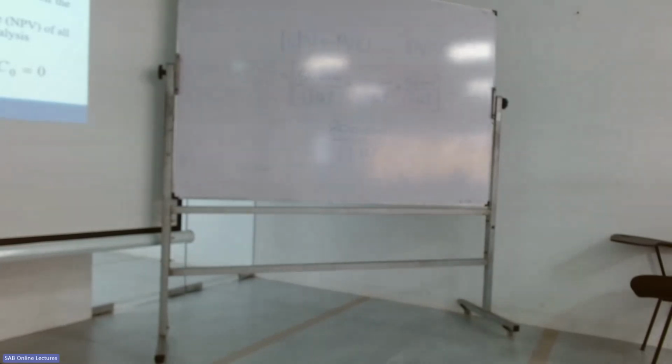These are different definitions for the IRR, right? It's the discount rate that makes the net present value of all cash flows equal to 0 in a discounted cash flow analysis. So you can see this is the present value of the cash inflows, and this is the present value of the cash outflow, so that difference is equal to 0.